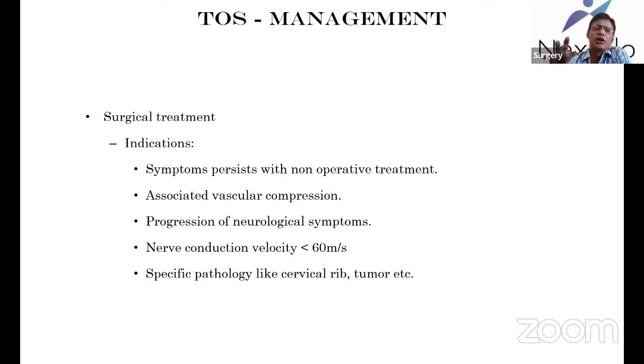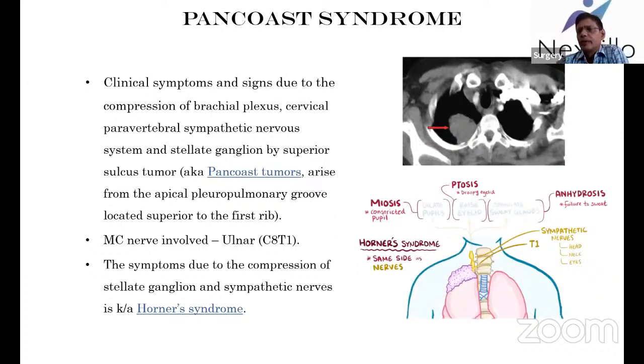A few important syndromes that are associated or giving a similar picture as thoracic outlet syndrome, actually they are a part and parcel of it, is something known as the Pancoast syndrome. Now what happens in this Pancoast syndrome is that this is a clinical symptom or sign due to the compression of the brachial plexus over here, due to a apical tumor here in the superior sulcus.